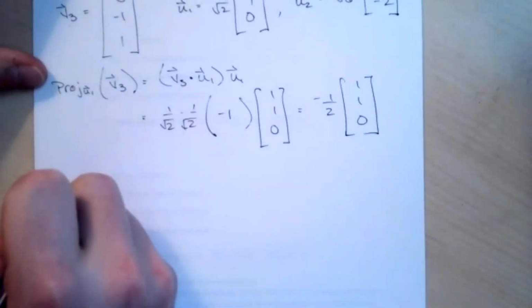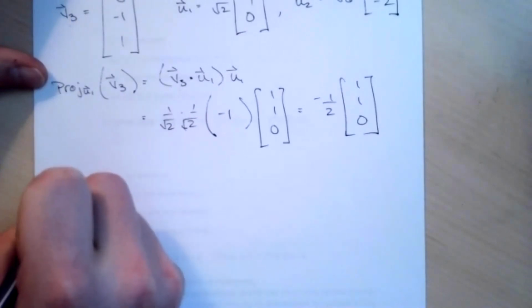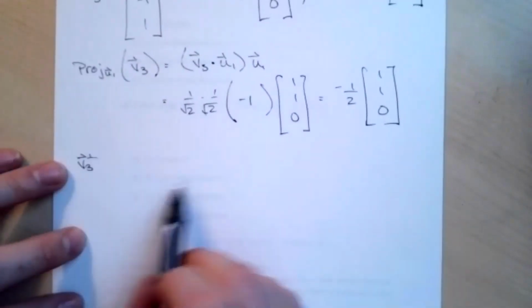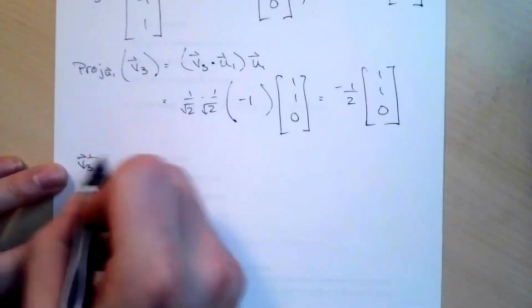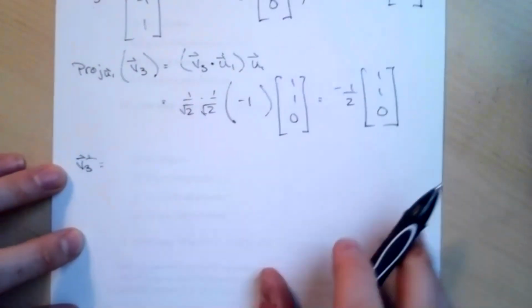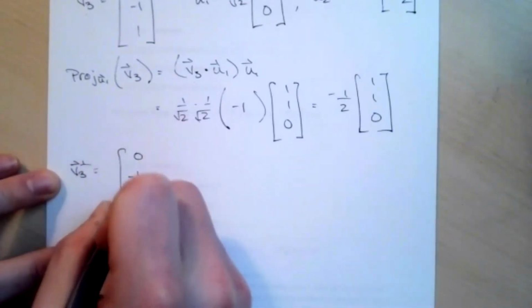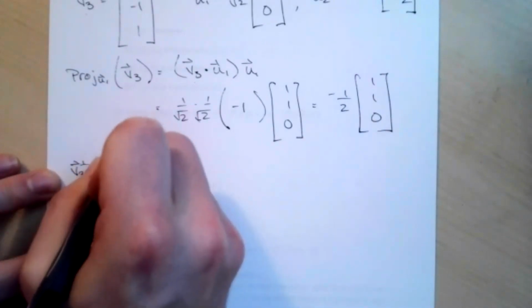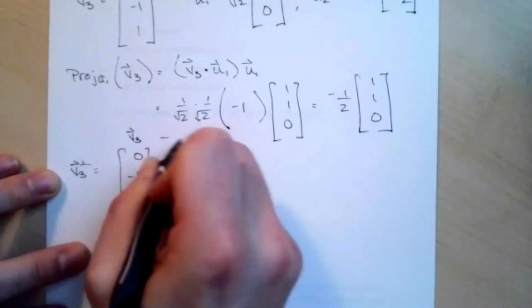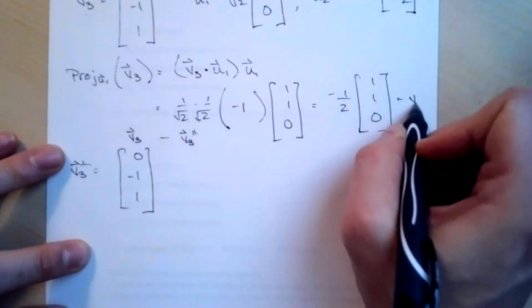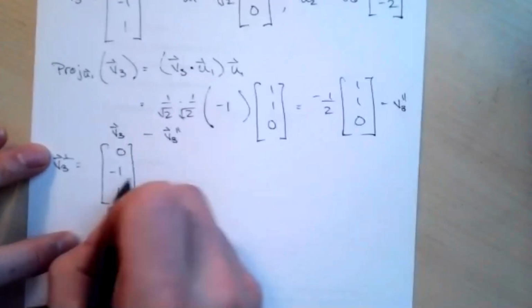And so to find the perpendicular component, V3 perpendicular, notation-wise, it's a little hairy, so try to just be clear on your notation. Of course, this perpendicular means perpendicular only to U1 at the moment. We are going to take V3 and then subtract off the parallel component we found, excuse me.